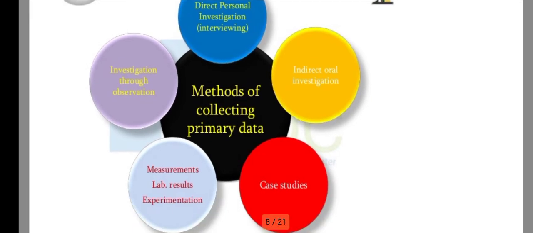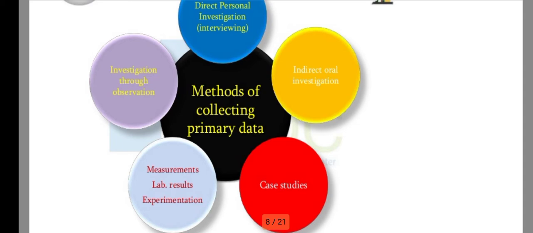So we will be seeing methods of collecting primary data, different ways of collecting primary data. That is direct personal investigation, right? The investigation that you personally conduct, or you will conduct interviews of people who have worked or who have experience in a related field.